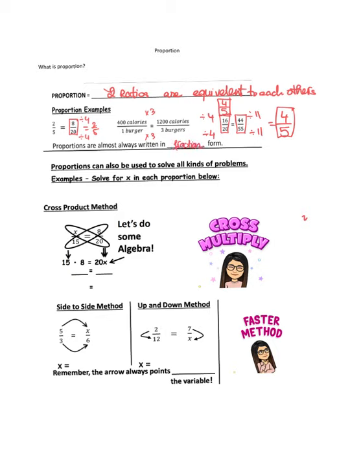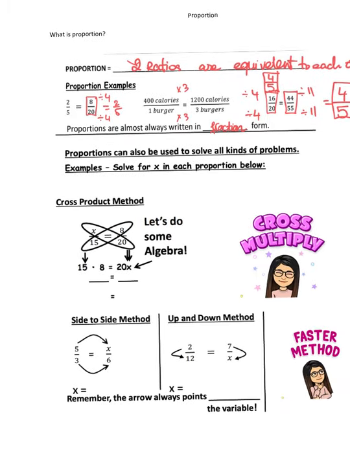Okay. Proportions can be used to solve all kinds of problems. Example: solve for x in each proportion below. We have learned this one in 6th grade, so we're gonna do a quick review of how to cross multiply to solve a proportion. We have x/15 equivalent to 8/20.